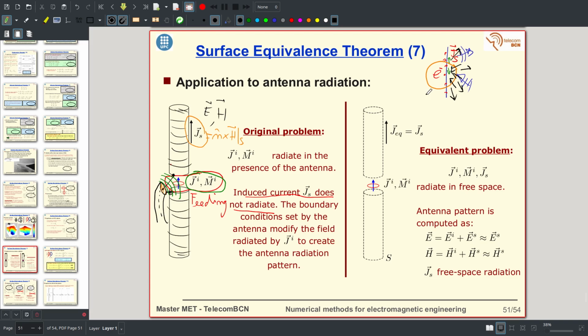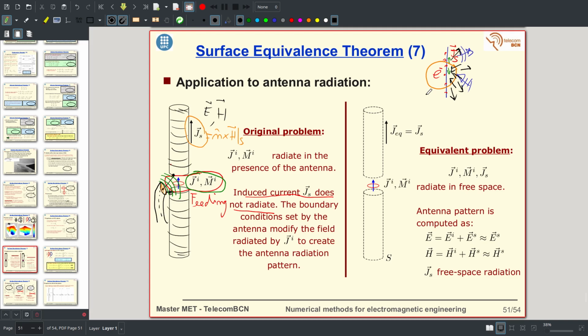Okay, so they do not introduce power in the system. They just re-radiate power, and adding the radiation of the induced current, which is the scattered field, plus the incident field, we have the total field. So they modify the incident field to produce the total field. This is what happens in the original problem. So in the original problem, we don't have currents radiating in free space, the induced currents do not radiate, and the impressed currents radiate in presence of the object, not in free space.